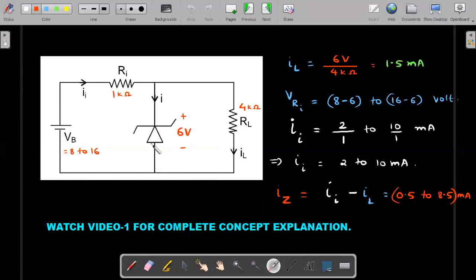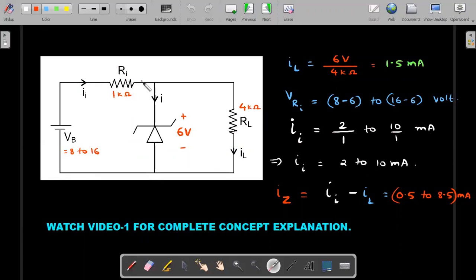Since this is 6 volt across these 2 points, and across these 2 points it is 8 to 16, the voltage across these two, according to KVL, should be 8 minus 6 or 16 minus 6. So the range of the voltage across this resistor should be simply 2 to 10 volt. Since this is 1 kilo ohm, the current in that would be the voltage divided by 1 kilo ohm, so you end up getting 2 to 10 milliampere.